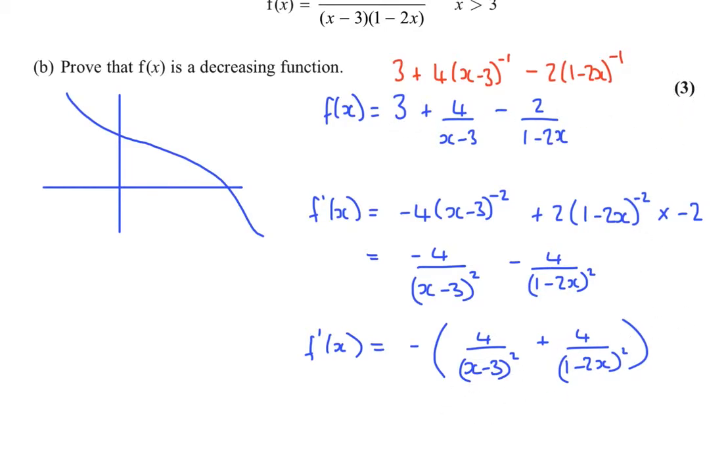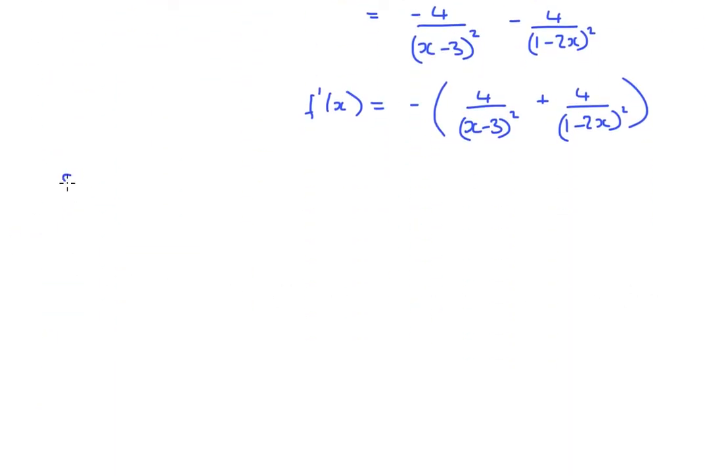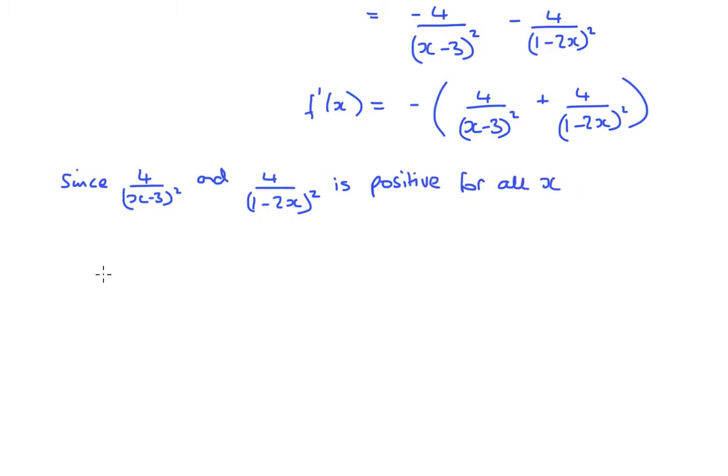And for the third mark, we just have to explain that in words. So since 4 over x minus 3 squared and 4 over 1 minus 2x squared are both positive for all values of x, minus 4 over x minus 3 squared plus 4 over 1 minus 2x squared is negative for all x.